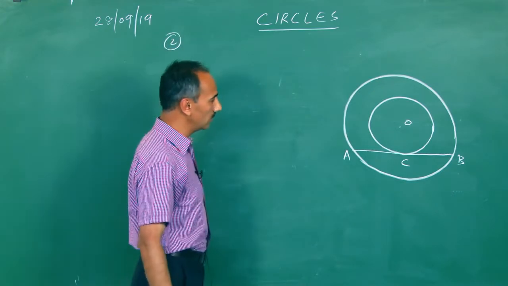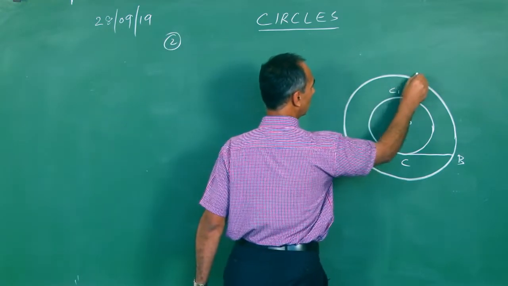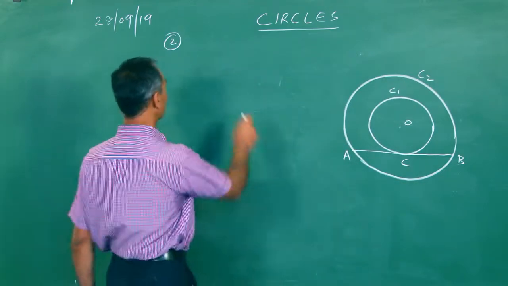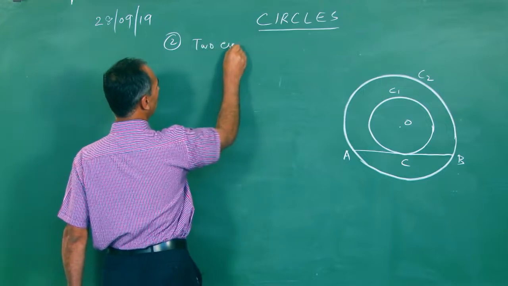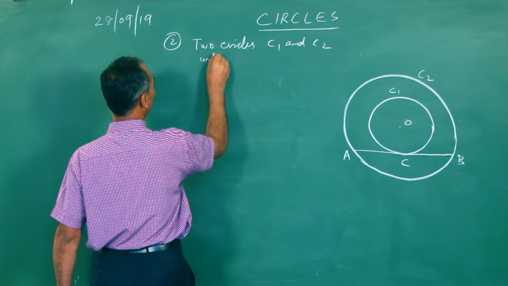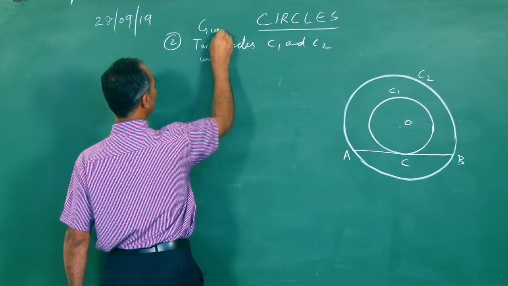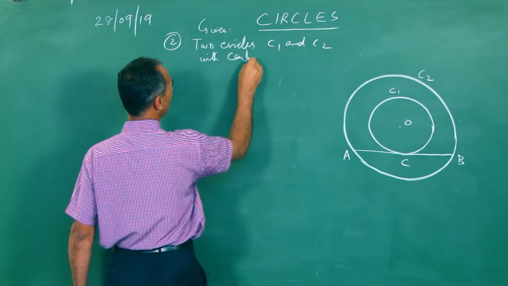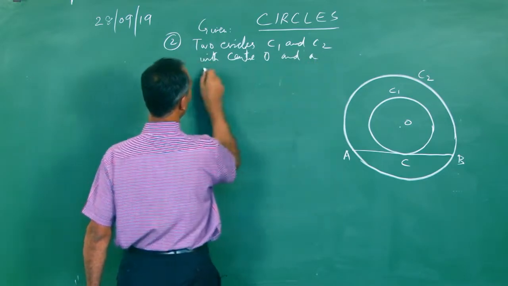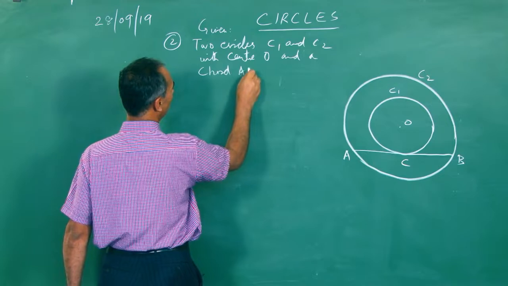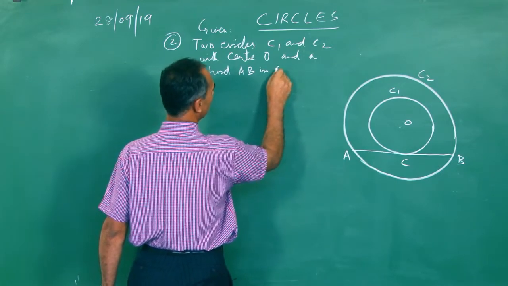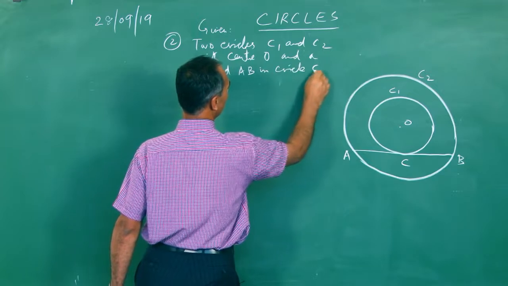So given a circle C1 and one more circle C2 with common center O. Two circles C1 and C2, this is given, my dear friends, with center O and a chord AB in circle C2.